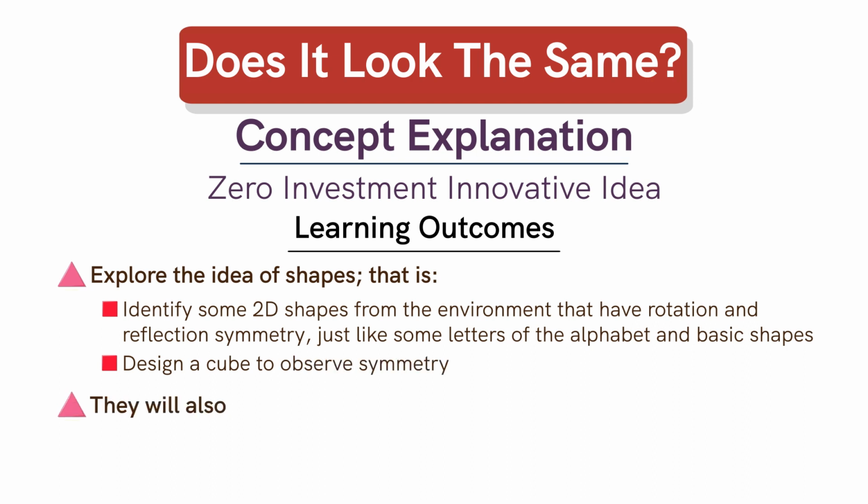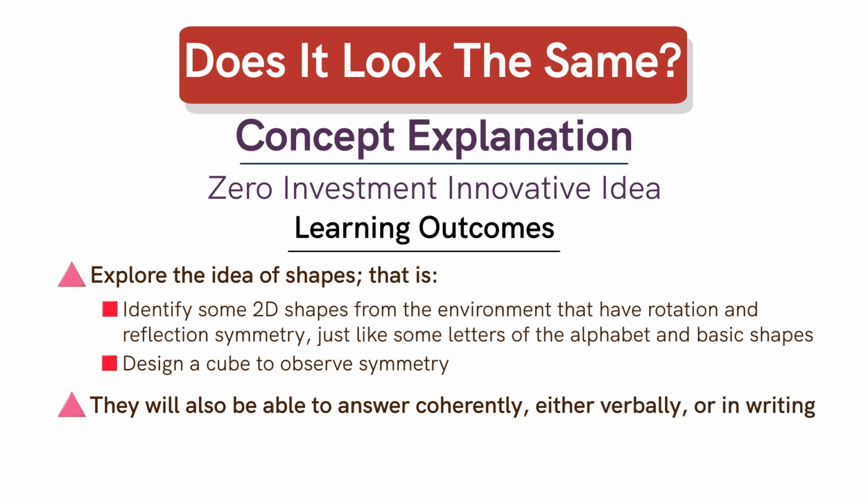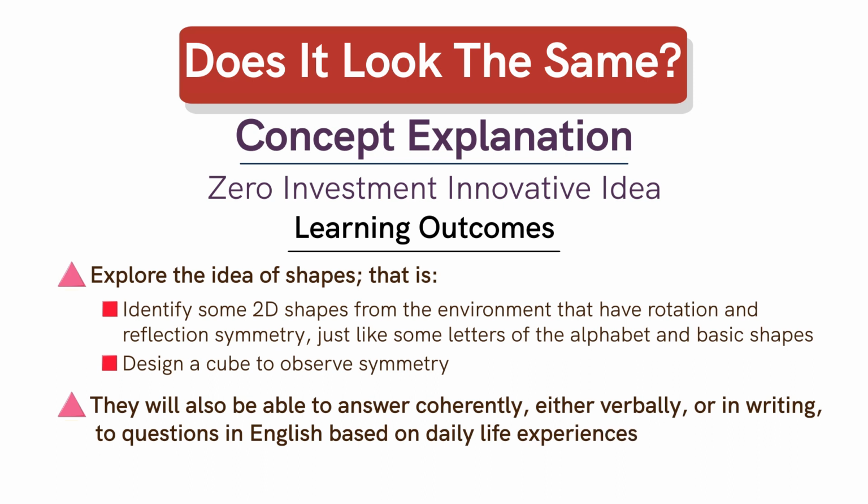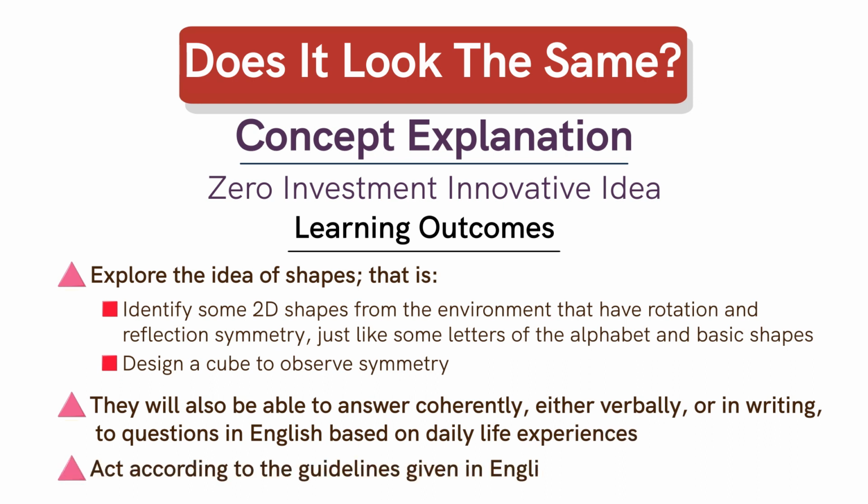They will also be able to answer coherently, either verbally or in writing, to questions in English based on daily life experiences, and act according to the guidelines given in English.